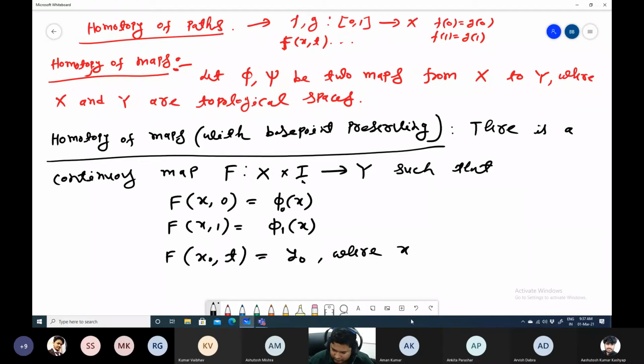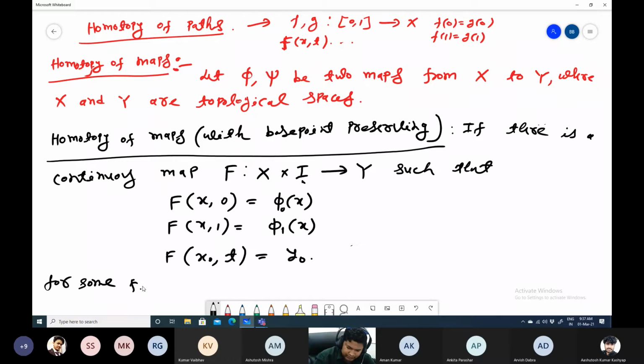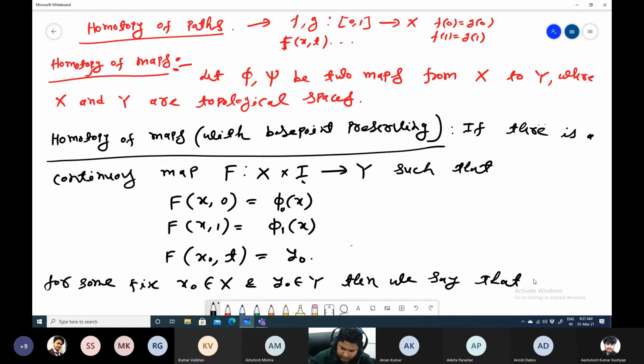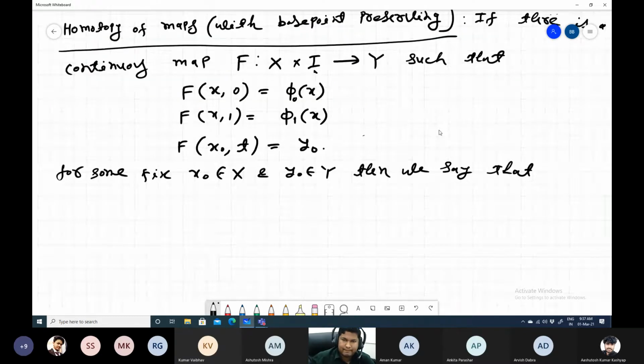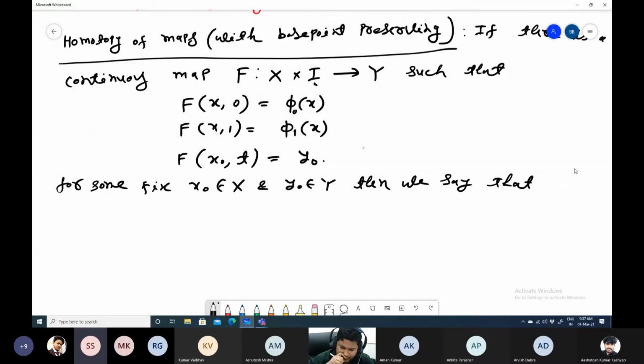So we can say that if there is a map, for some fixed x0 in x and y0 in y, then we say that... Sir, these two maps are phi and psi, not phi 0 and phi 1, what you assumed earlier.